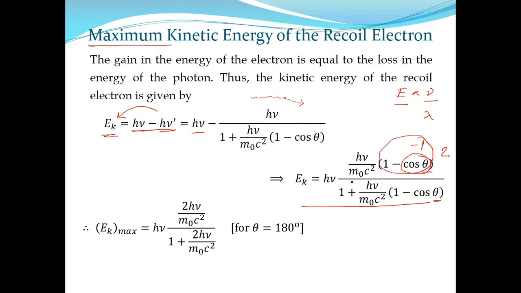So it will be twice h nu by m naught c square, and in the denominator also 1 plus twice h nu by m naught c square. That is the maximum kinetic energy of the recoil electron. That is the expression. Okay. If you have any query up to this, ask me.